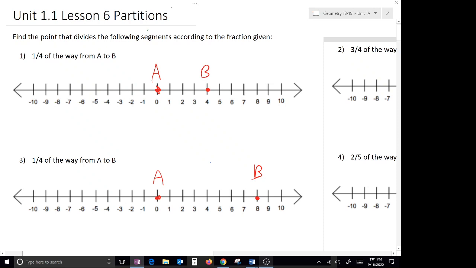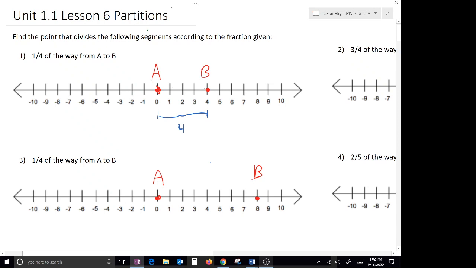Well, the way that I would approach this is, what's my distance from A to B? Well, my distance is 4 units. That's from 0 to 4. That's pretty easy. So 1/4 of the way, I'm actually already divided into quarters, because it's 4 units long, and we're already divided into 1 unit.